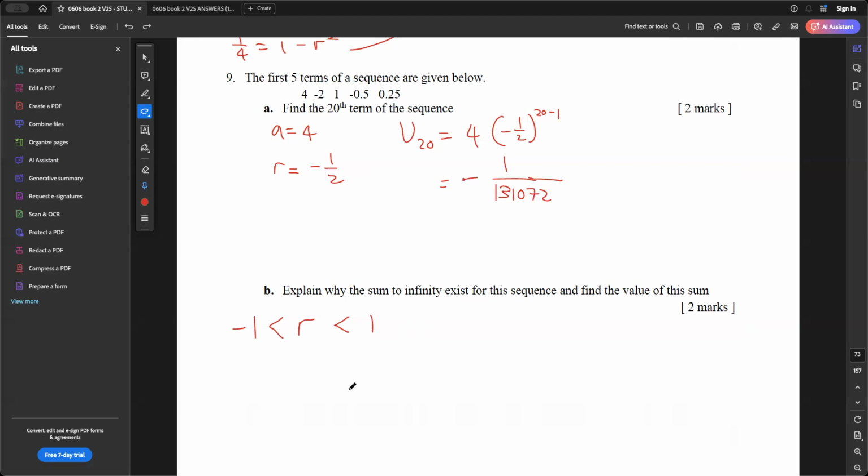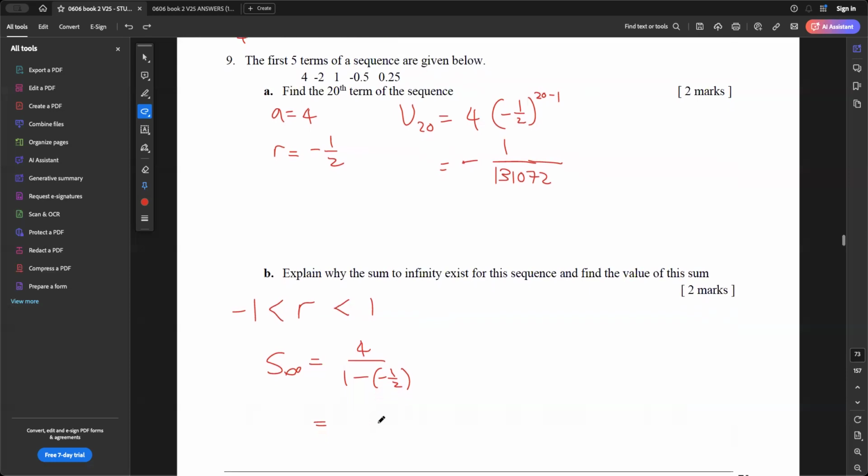Then sum to infinity formula is A over 1 minus R. So this one is just 4 over 3/2, which is 8/3. Right. 8/3. Wait, no, this is 1 plus 1/2, so this is 4 over 3/2, which is 8/3.